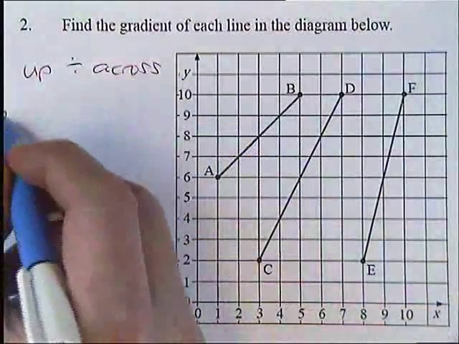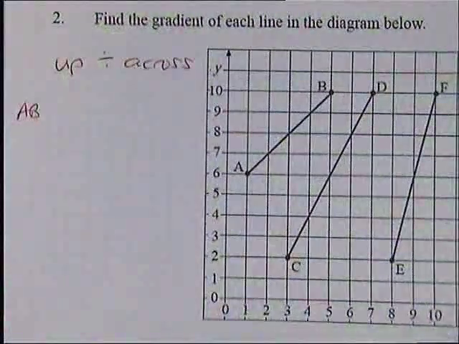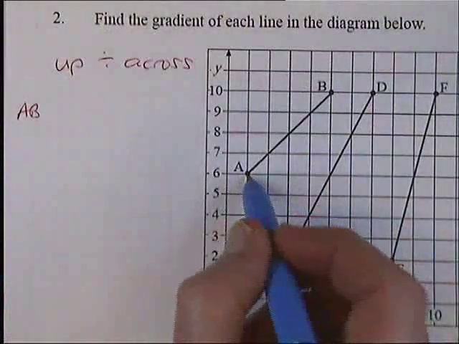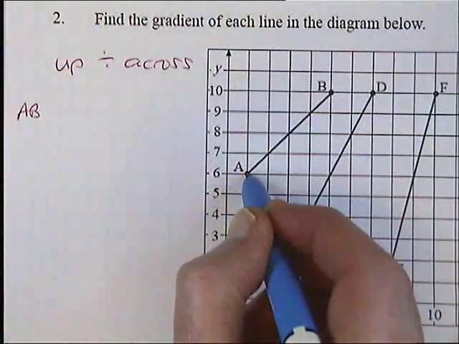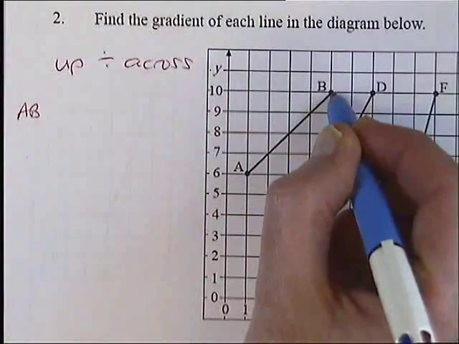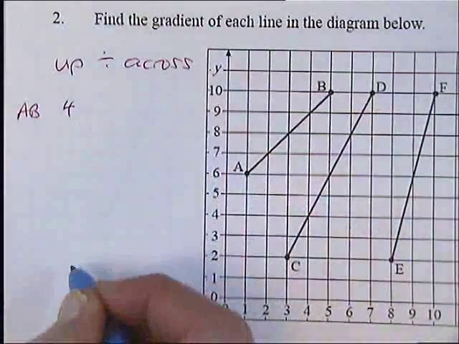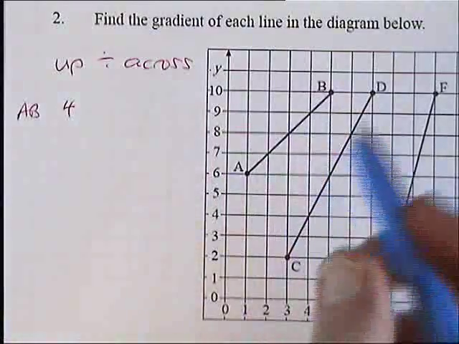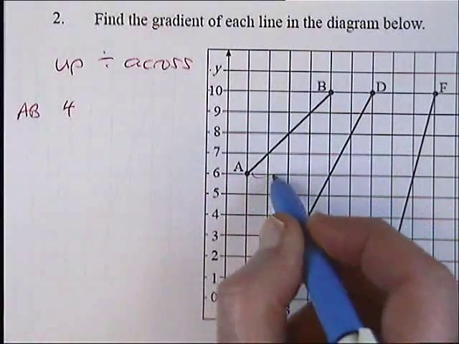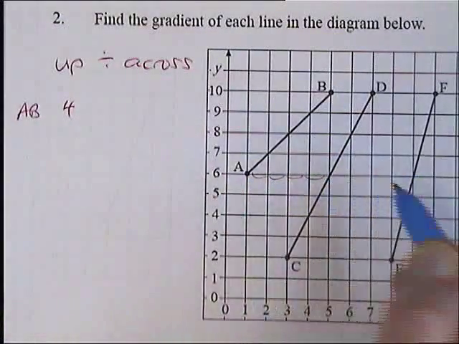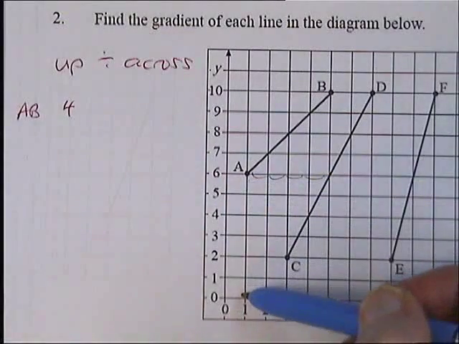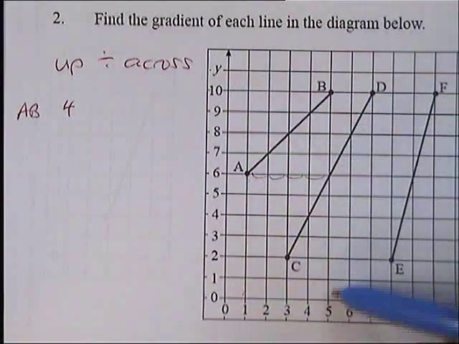And let's look at the line joining A and B first of all. Look at the height. Well, that started at 6 and it's ended at 10. So from 6 to 10 it's gone up 4. How far has it gone across? Well, you could just count the squares, 1, 2, 3, 4. Or you could say it's gone from 1 across to 5 across.